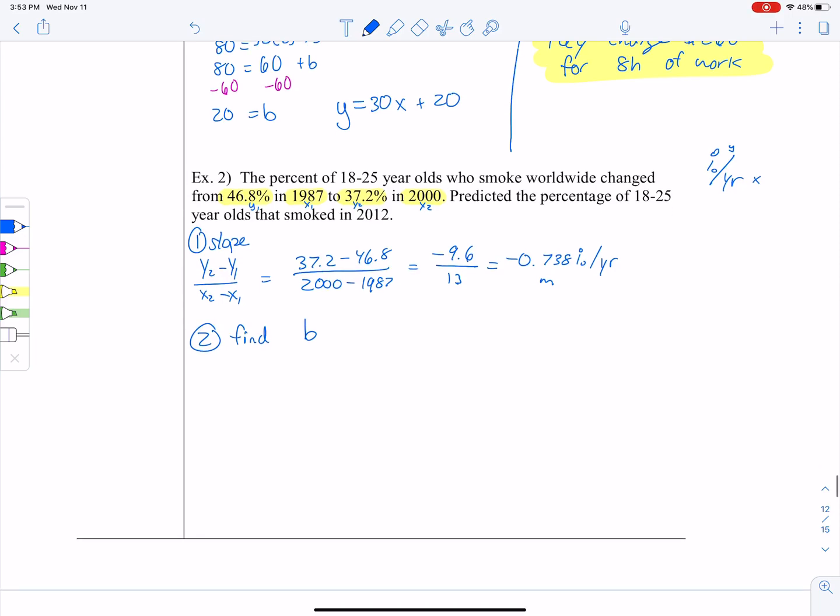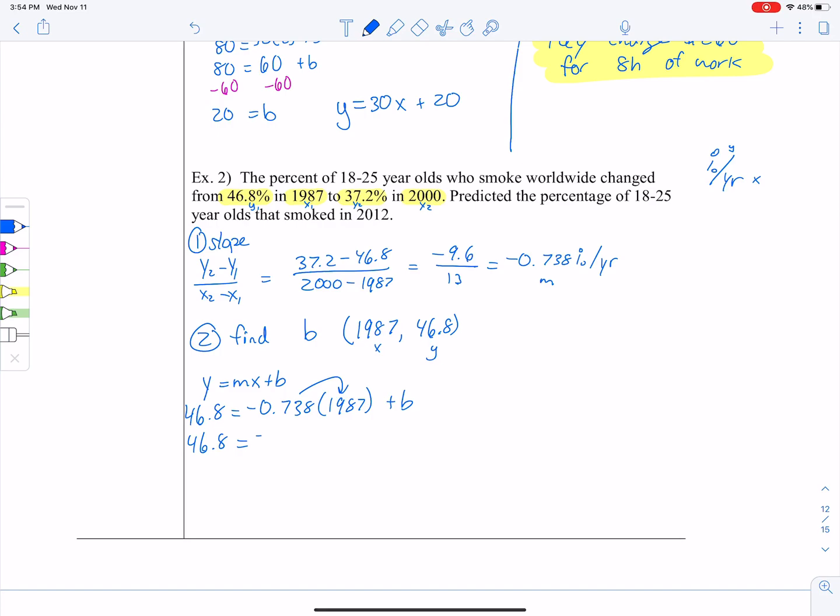Second, now we need to find our B value. So we're going to take one of our 2 points, so 1987 and 46.8 as our X and Y, and we're going to use the M that we just found. Y is equal to MX plus B. So here our Y is 46.8, our M is negative 0.738 times 1987 plus B. We're going to multiply this.